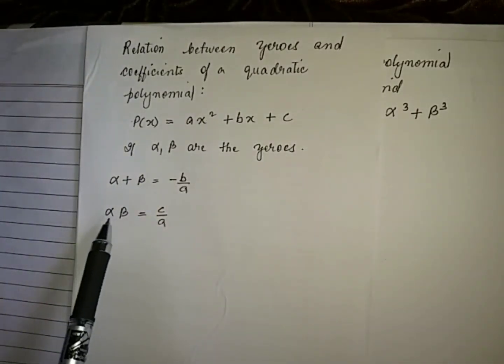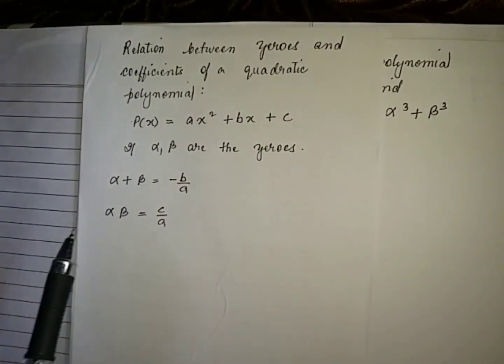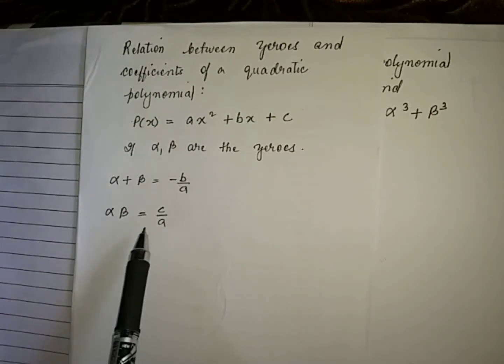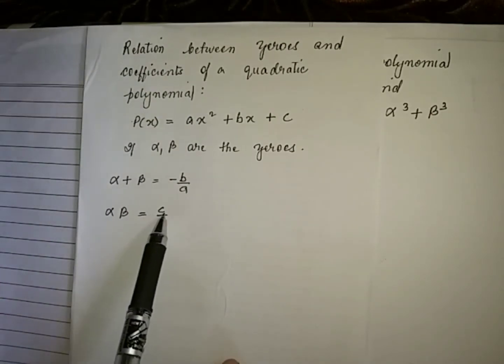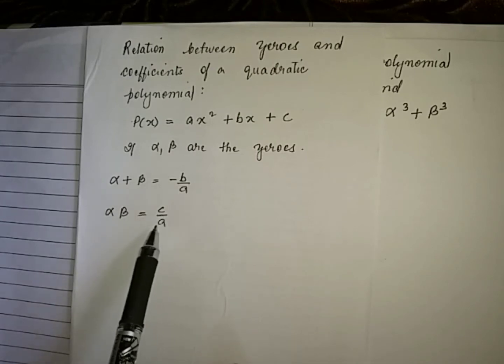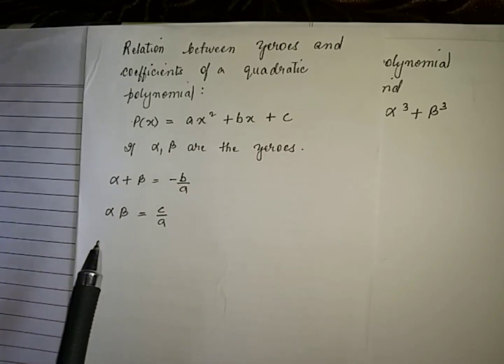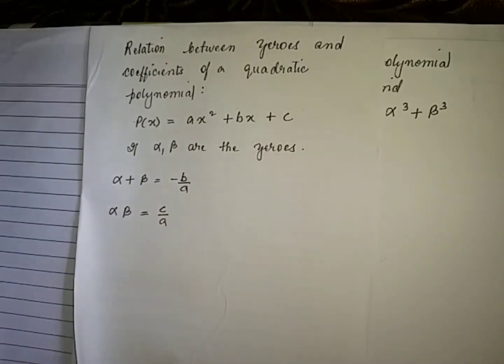And alpha into beta, which is the product of the zeros, is equal to c by a. c is the constant term and a is the coefficient of x squared. Now let us solve this problem.